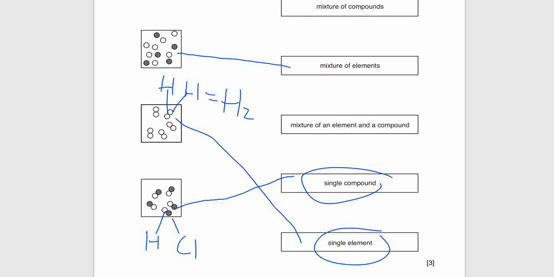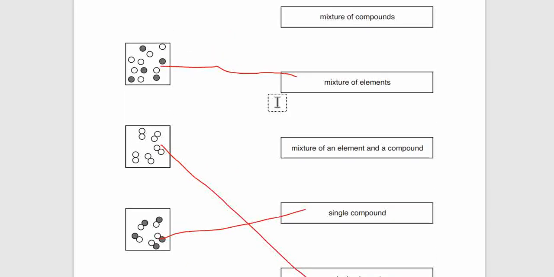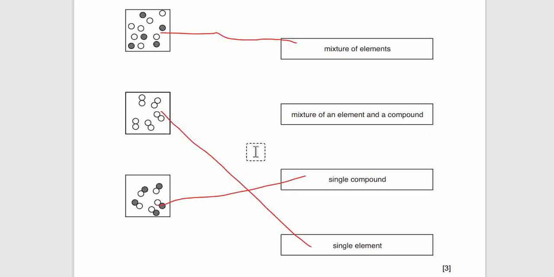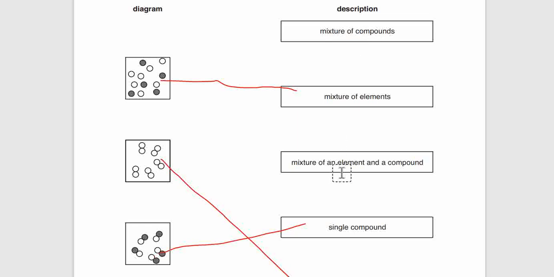So it's not a mixture. And this one is a mixture, but of different elements. Maybe this is neon, this is argon, single atoms, and it's a mixture of elements, so this one. So that is our answer. So these two are not included. Mixture of element and compound is not.